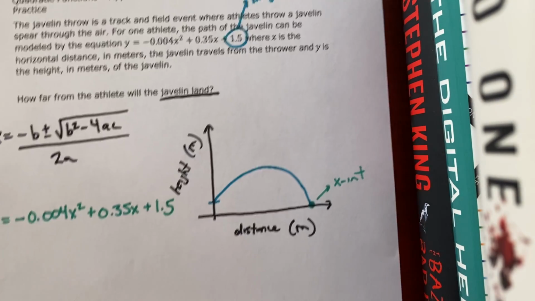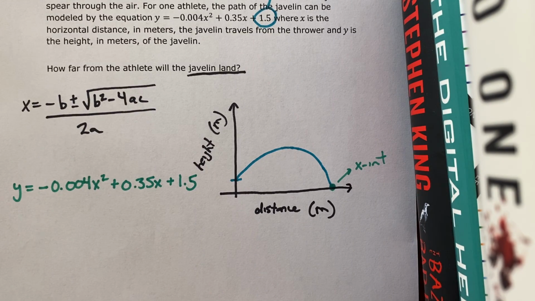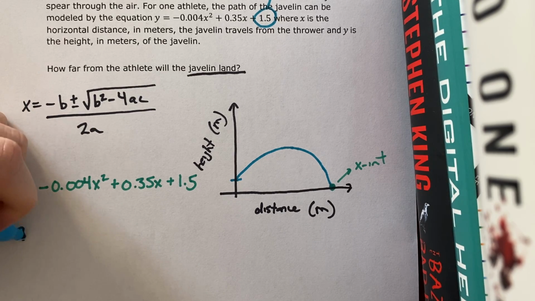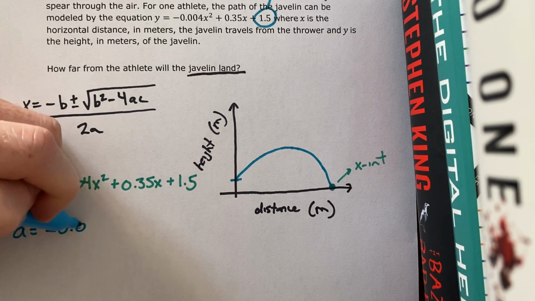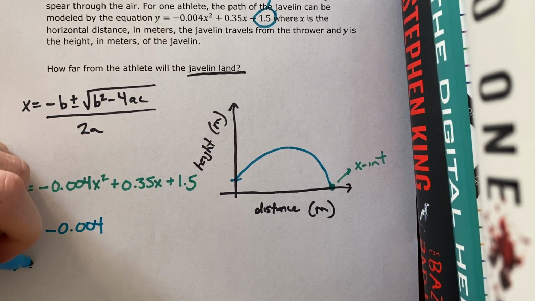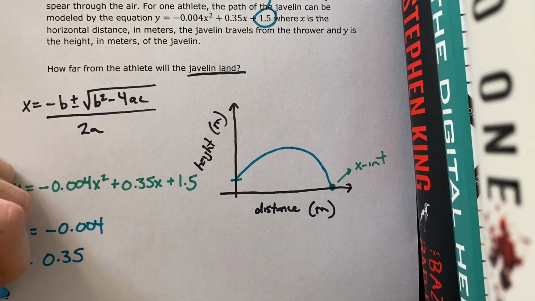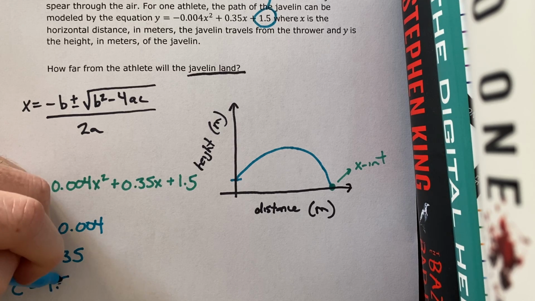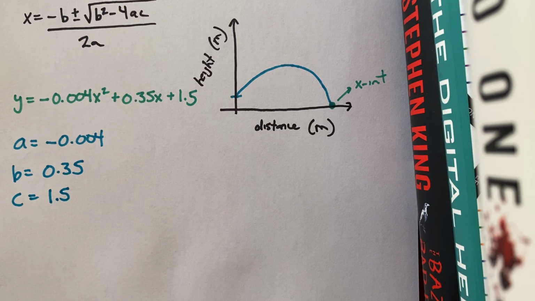So it looks scary, but once again, guys, the calculator does all of the work for you. You just got to make sure you're careful when typing it in. In this case, a is negative 0.004, b is 0.35, and c is 1.5. Next step, let's plug everything into that quadratic formula, opposite of b.